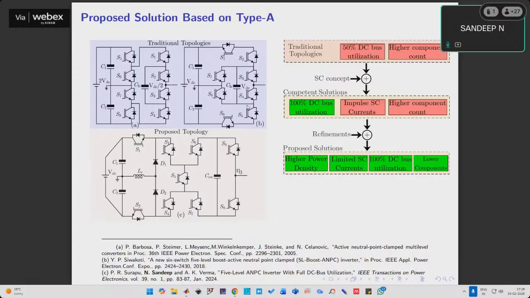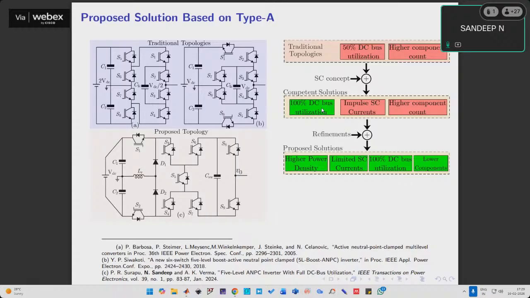The moment you charge and discharge, it gives you an additional level, and it also provides boosting, because in one part you are charging and keeping the energy, and in the other part you add that energy to the source energy. That increases the output voltage. That is the switched capacitor concept. With that, the 100% utilization is achieved.